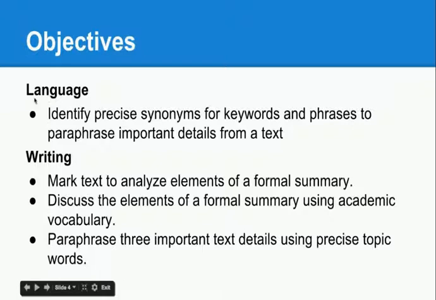So first, we have a language objective here. Language being, we want to kind of perfect our words, our grammar, maybe some of the academic words we want to choose. So repeat after me. Identify precise synonyms for keywords and phrases to paraphrase important details from a text.